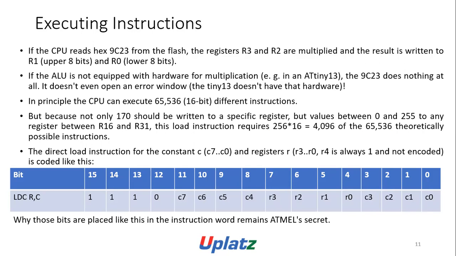The direct load instruction for the constant C7 to C0 and register R3 to R0, R4 is always 1 and not encoded. It is coded like this: load R, C is bits 15 to 0: 1110, C7, C6, C5, C4, R3, R2, R1, R0, C3, C2, C1, C0. Why those bits are placed like this in the instruction word remains an ATMEL secret.